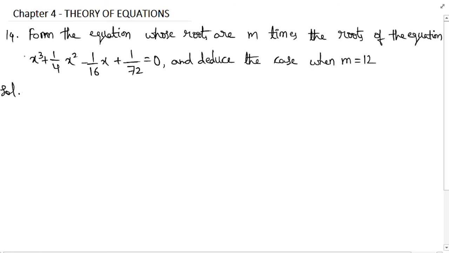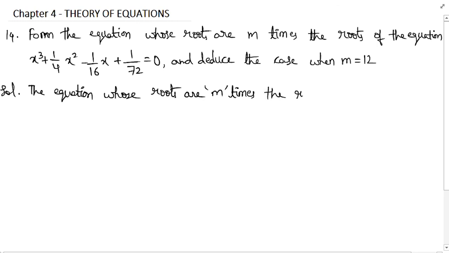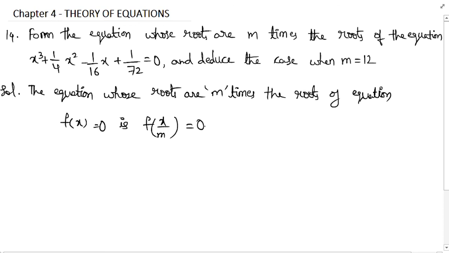So first we'll find the equation whose roots are m times the roots of the given equation, that is f of x is equal to 0, is f of x by m is equal to 0. This is our required equation.